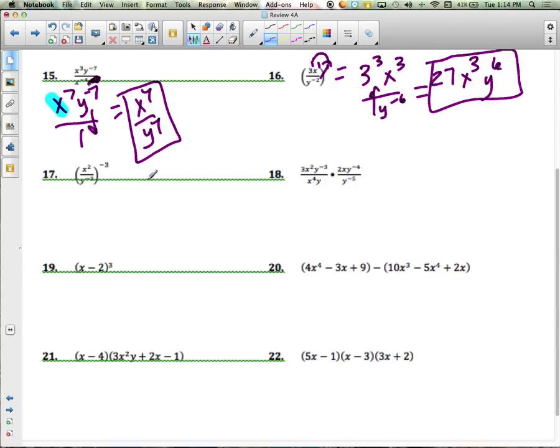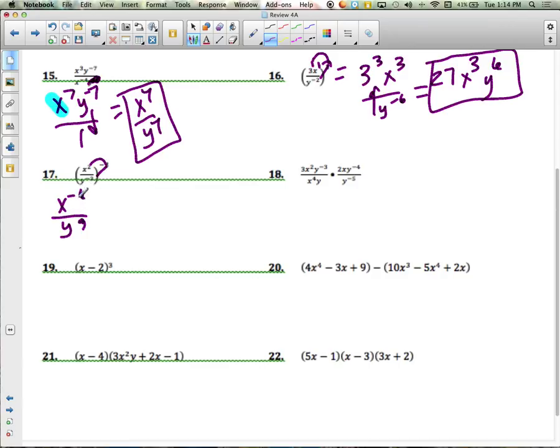Number 17 is like 16. We're going to just multiply the exponents, so the x stays, and then 2 times negative 3 is negative 6. For your denominator, you have a y, and I believe that's a negative 3. Negative 3 times negative 3 is a positive 9. And you'll notice that the x is up in the attic.